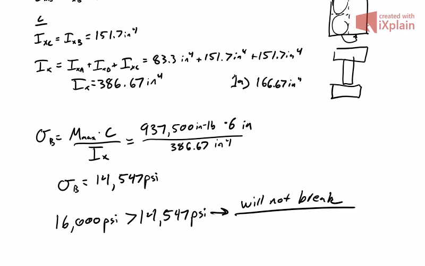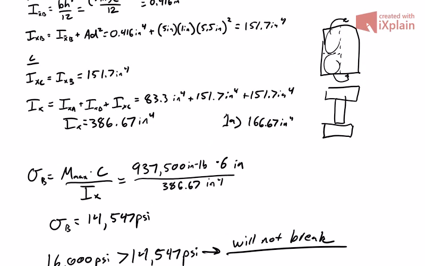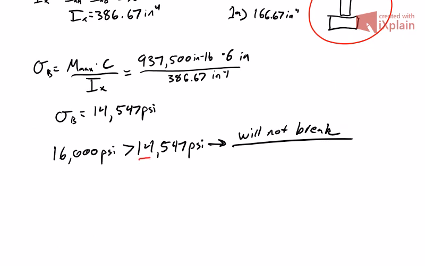We used the exact same amount of wood for our beam between 1A and 1B, but by changing the shape from that rectangle to that I-beam shape, we've almost halved the bending stress in the beam.